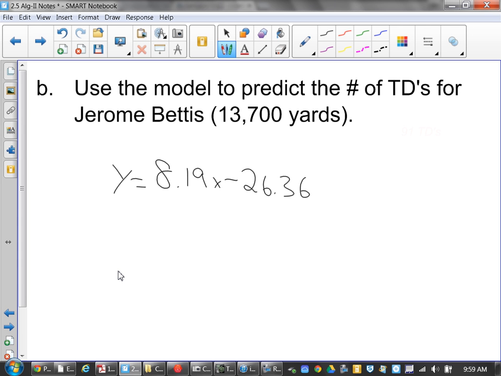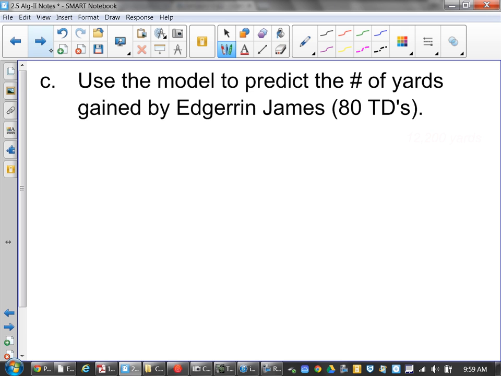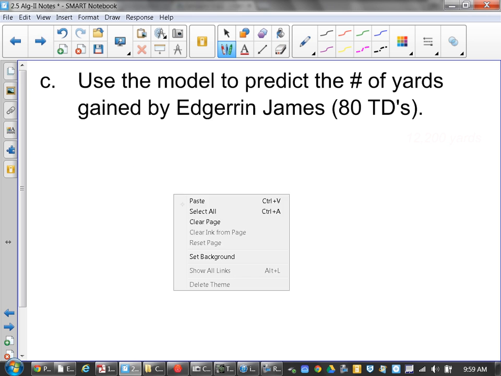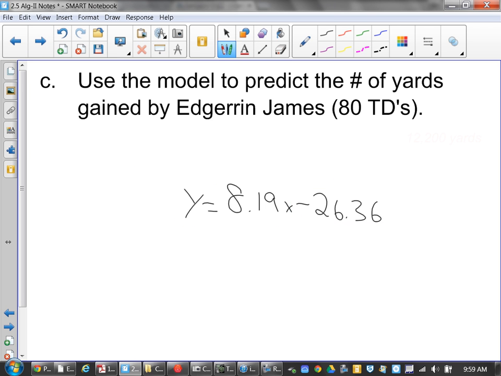Okay. Now, could you work backwards? Could you figure out how many yards he had, the edge had? Yeah. The edge. I think they call him the edge, right? No, that's the guitarist from U2. I was getting them mixed up. They're very similar in stature. Why do you not call it Edgar Allan Poe? Takes forever to say.